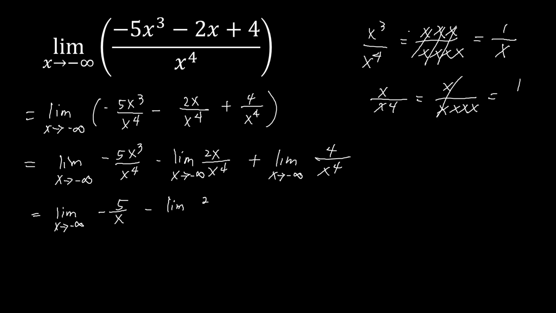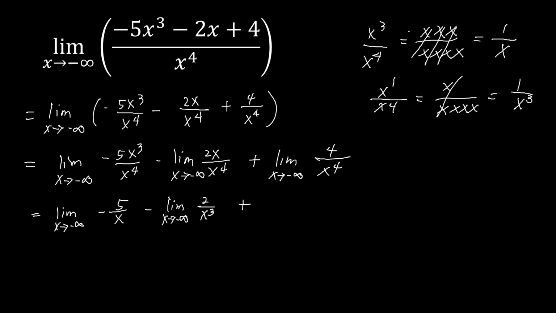We have 1 over x cubed. Or simply, this is with 1 here. Once you do 1 minus 4, that's a negative 3. Since that's negative, that will be placed at the bottom part or the denominator part so that your exponent will become a positive. So this is now 1 times 2, that's 2. So we have 2 over x to the power of 3 as x approaches negative infinity.